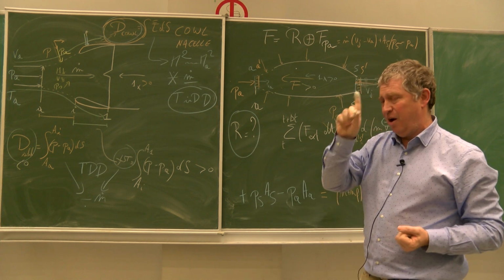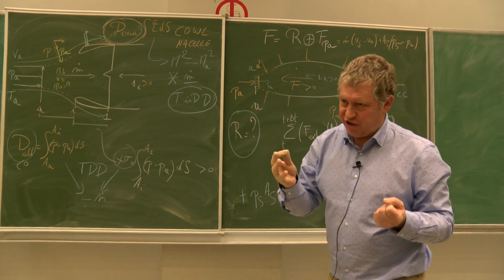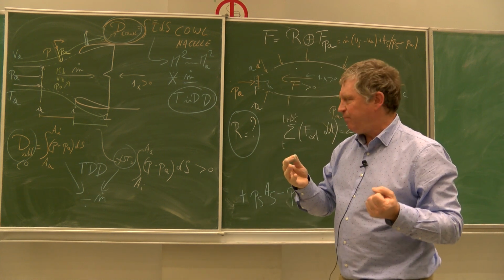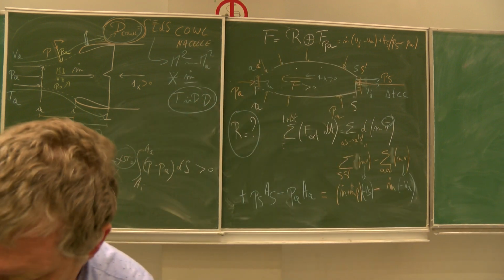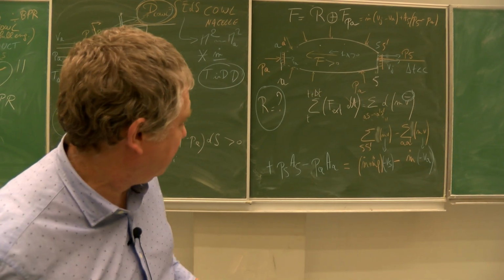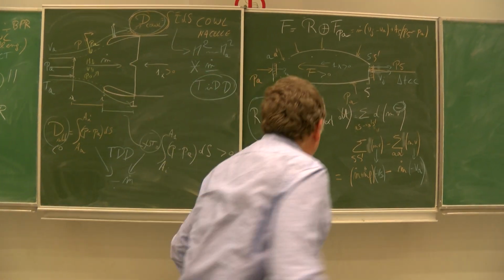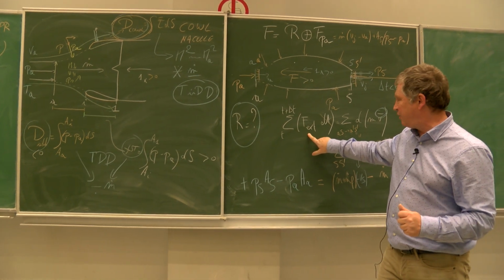What is R? This is the reaction, we have called that, of the gas on all elements like a blade that you have here. But the system we are considering here in the external forces, this is the air or the gas.